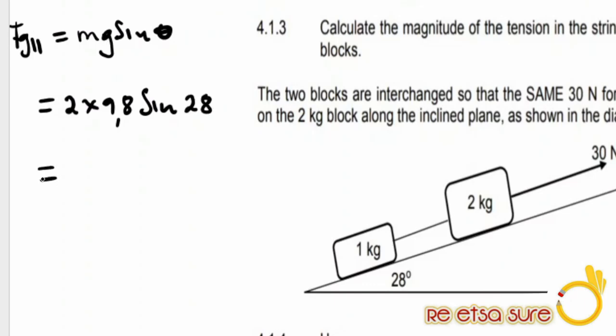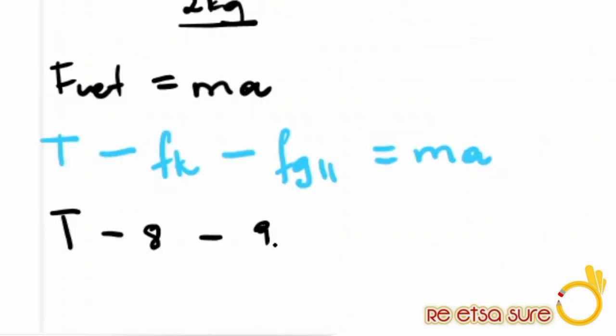And then now let me put everything on my calculator. So 2 multiplied by 9,8 sin 28, and then my answer there is 9,20 N. So in the position of F_k, let me put 9,20, which is equal to 2a.